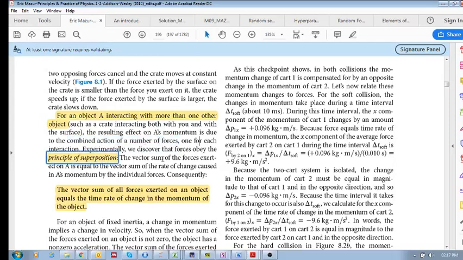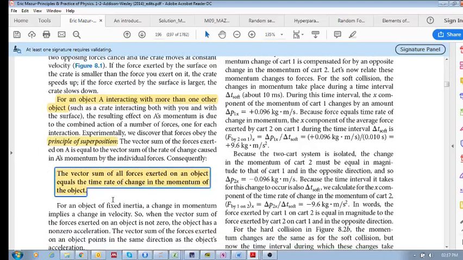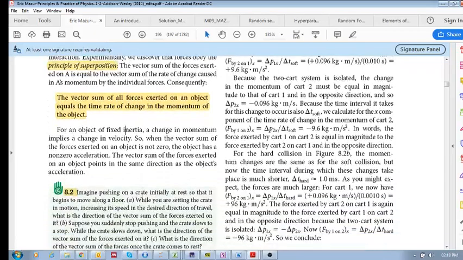And we consider the principle of superposition, which is that the vector sum of the forces exerted on A is equal to the vector sum of the rates of change of A's momentum caused by the individual forces. So here we go. The vector sum of all forces exerted on an object equals the time rate of change in the momentum of the object. All we're saying is that we find the resultant of all those forces, and it's equal to the time rate of change of the momentum.